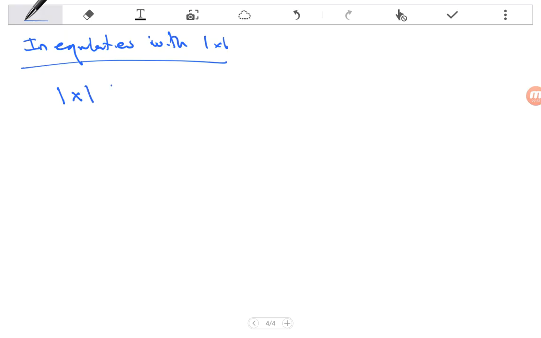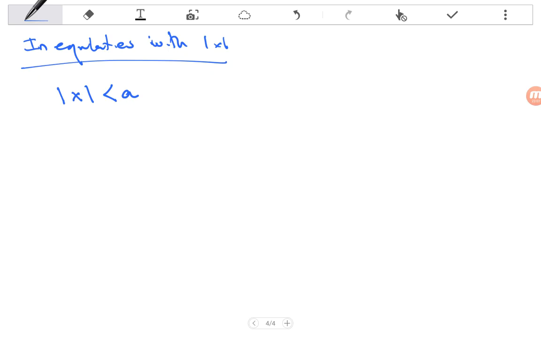An important rule here is to solve inequalities with absolute value of x. We have 4 main rules. First, if I have this inequality, absolute x less than a given number a.